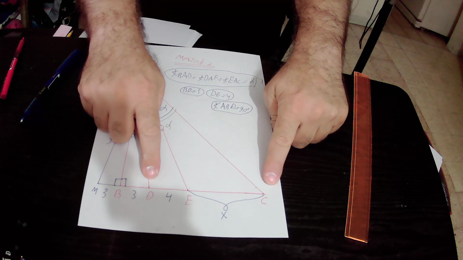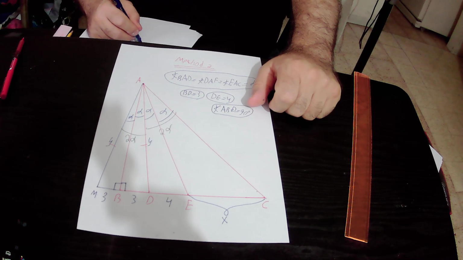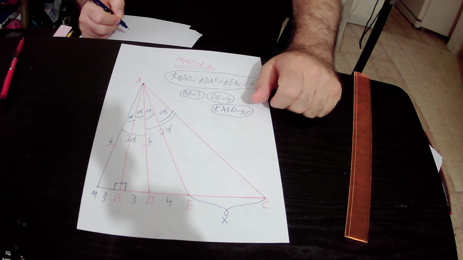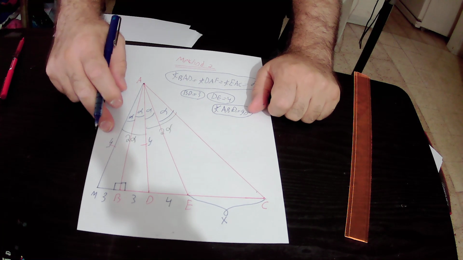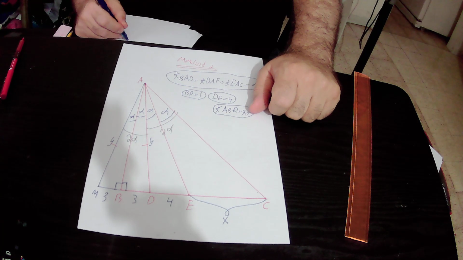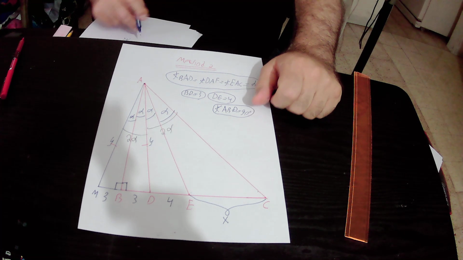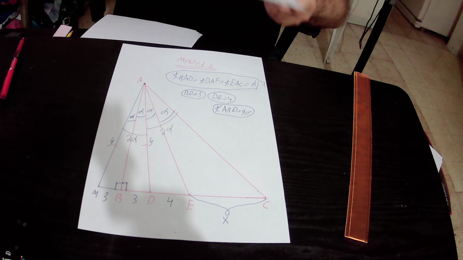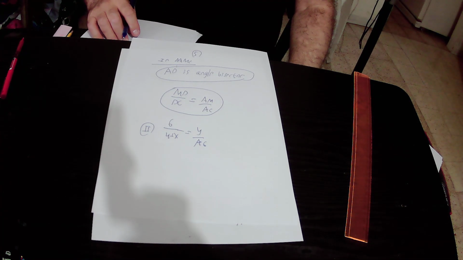DC equals 4 plus X. And AM equals Y according to our definition, over AC. So in total, we got that 6 over 4 plus X equals Y over AC.